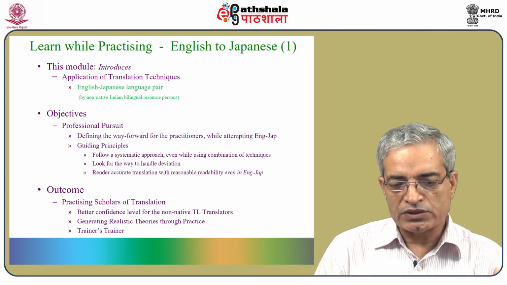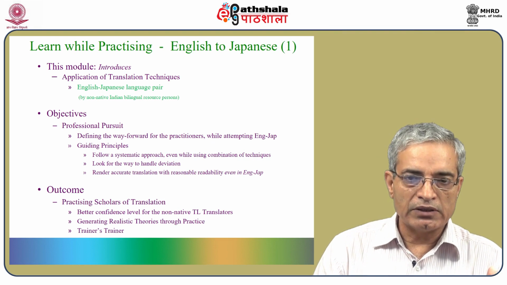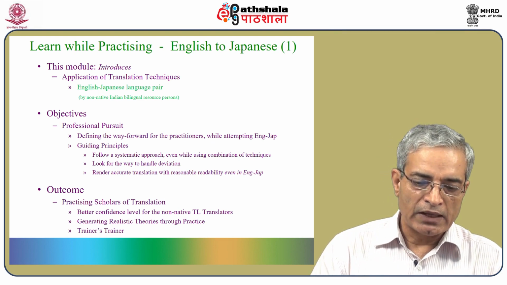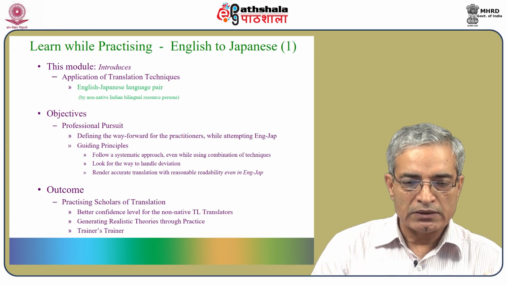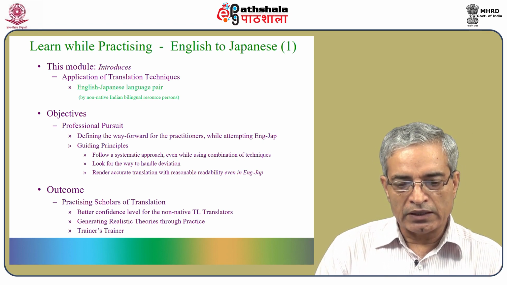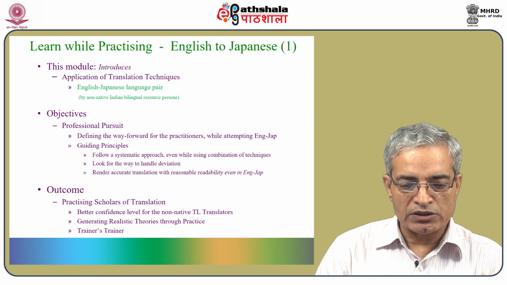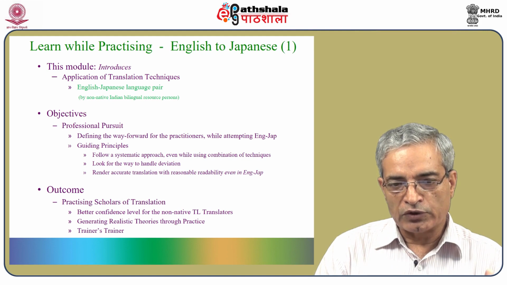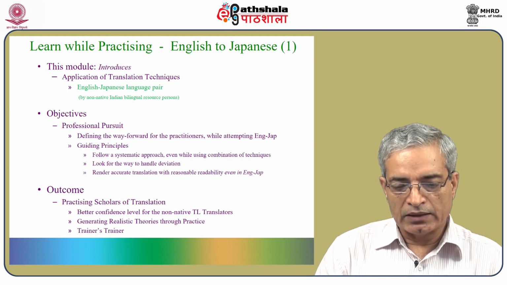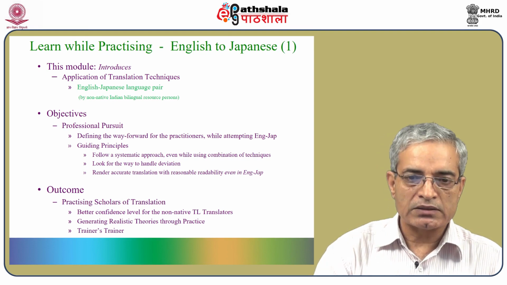Render accurate translation with reasonable readability even in English to Japanese, and the outcome remains the same as it was in the previous one to some extent, targeting the practicing scholars of translation who will be able to have better confidence level for doing non-native target language translations, and generating realistic theories through practice and trainer's trainer.